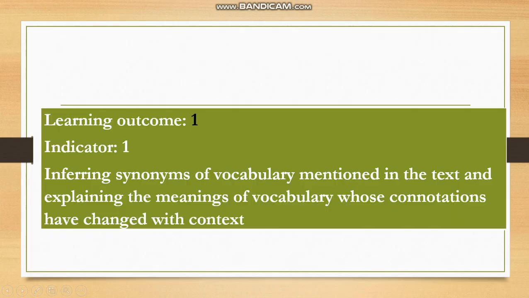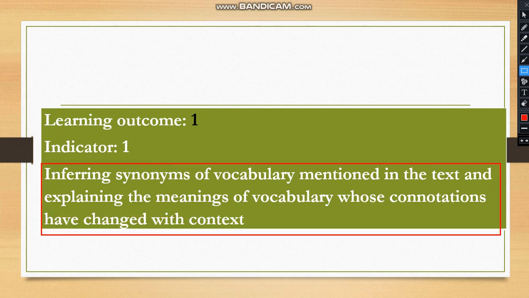So let's talk about the first learning outcome and indicator. The first indicator of learning outcome number one is about inferring synonyms of vocabulary mentioned in the text. We will try to find the meanings of the words that are used in the context, but the meanings are not explicitly mentioned, so we will try to understand what could be the meanings of those words.